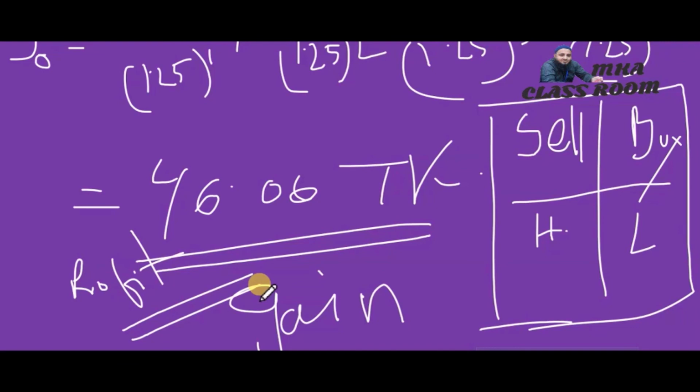From our calculation, it is seen that it has an intrinsic value of 46.06 taka. It means that if the market price of this share is less than 46.06 taka, he will buy this share, and whenever the market price is greater than 46.06 taka, he will sell the share. That is the rule of sell.